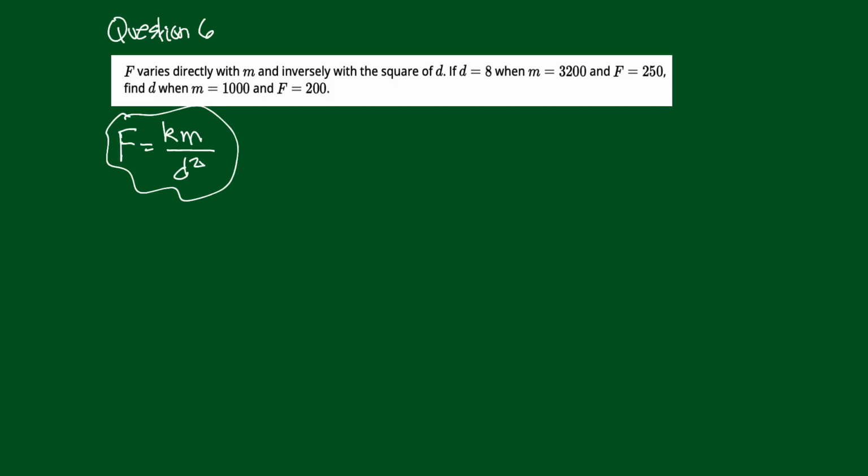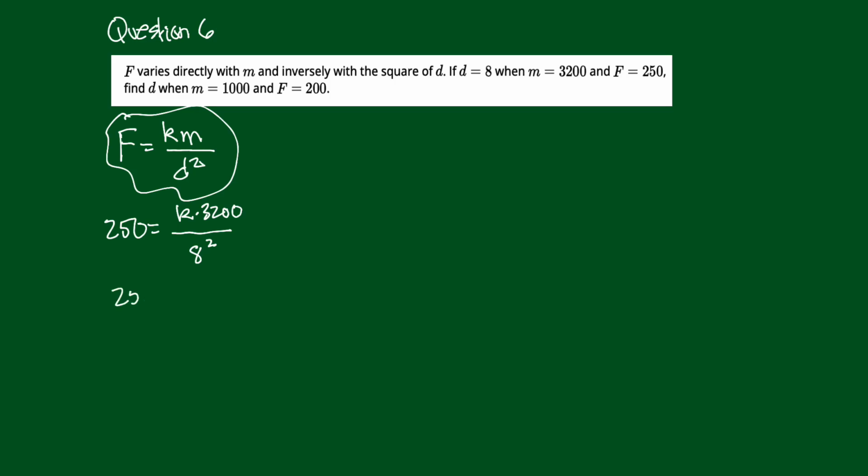Now, here's what we know. We know that when d is 8, m is 3200 and f is 250. So let's put those in. So f is 250. That's equal to k times m, which is 3200. And d is 8. So it's 8, but it's 8 squared. Okay, so let's get that k.